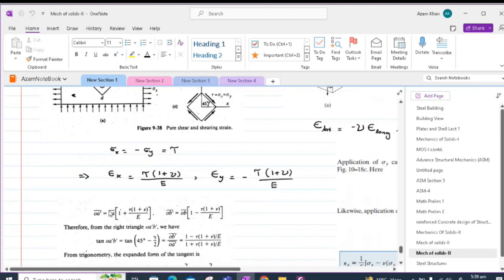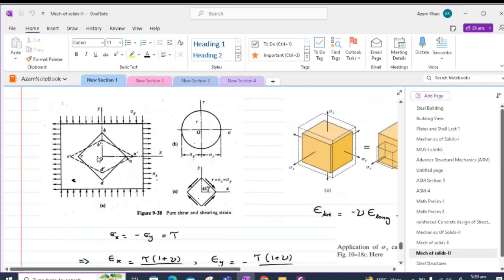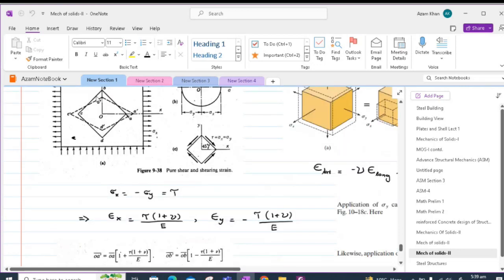Hence, we have got the expression for OA prime shown over here. Similarly, OB prime will be equal to OB minus BB prime. BB prime will be equal to the strain in the y direction times the original length, which is OB.